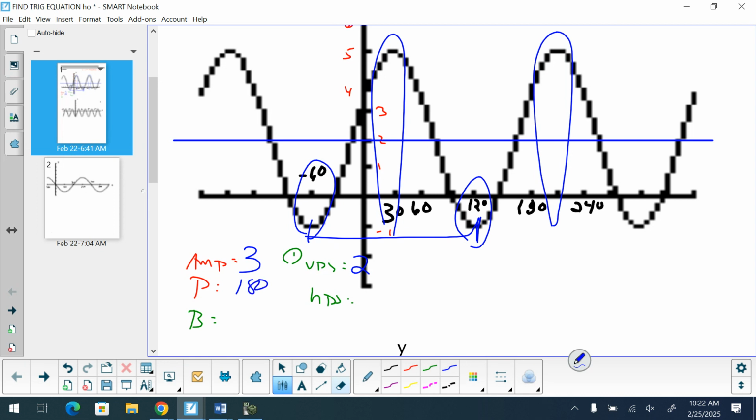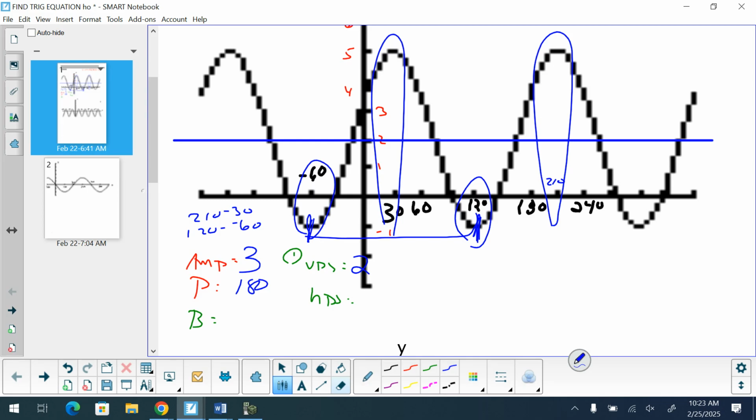Or if I go from 30 to 210, 180. I can't just add these two together because if I take 120 plus negative 60, that would give me 60, which is incorrect. You have to subtract these two values, 210 minus 30 or 120 minus negative 60. So minus the negative turns into a positive.